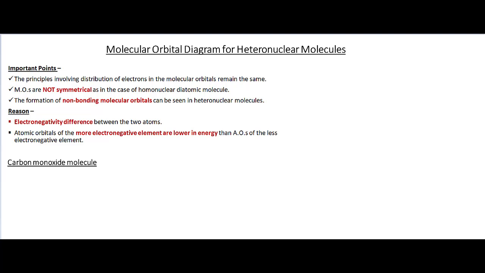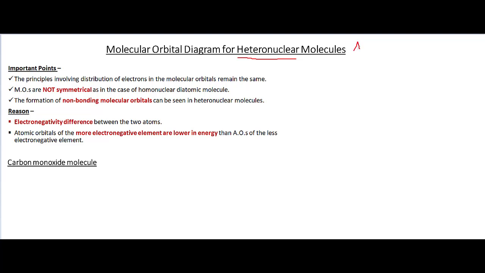Hi friends, now we will discuss the molecular orbital diagram for the heteronuclear molecules. Up till now you have seen that we had been discussing the homonuclear molecules. Now there's the turn for heteronuclear. Heteronuclear means we will have two different atoms involved in the molecule.